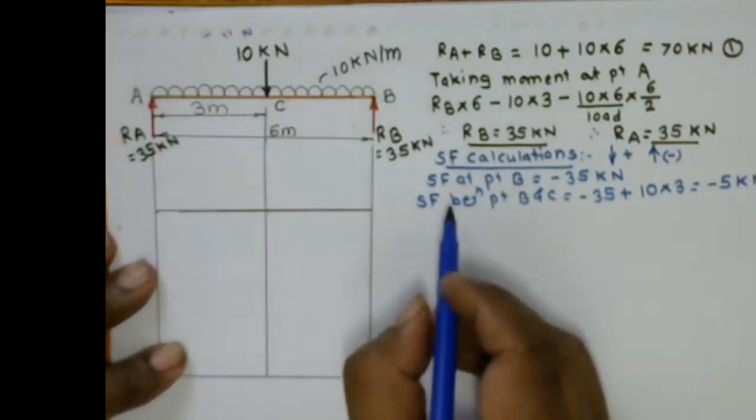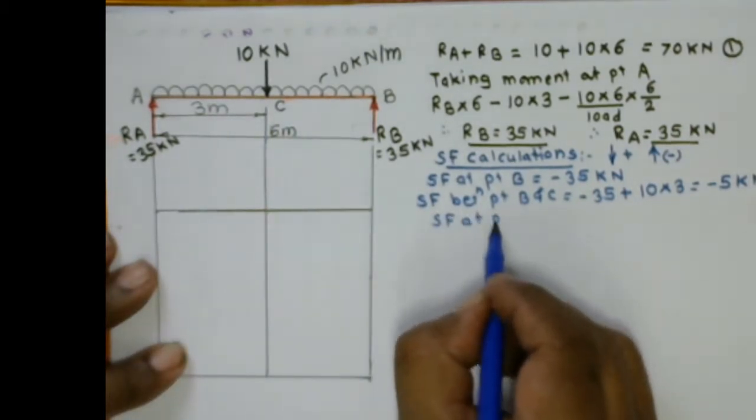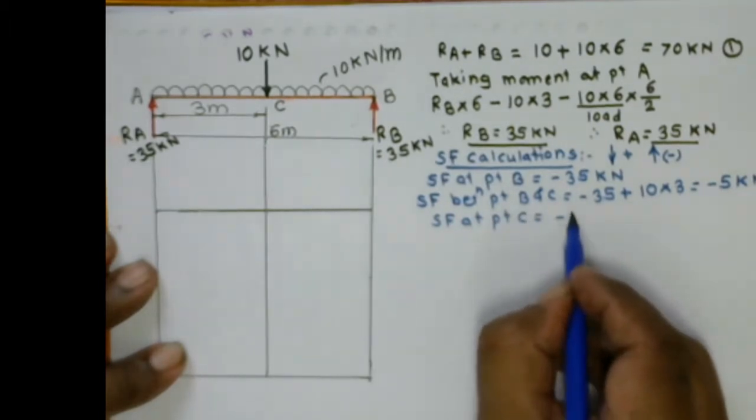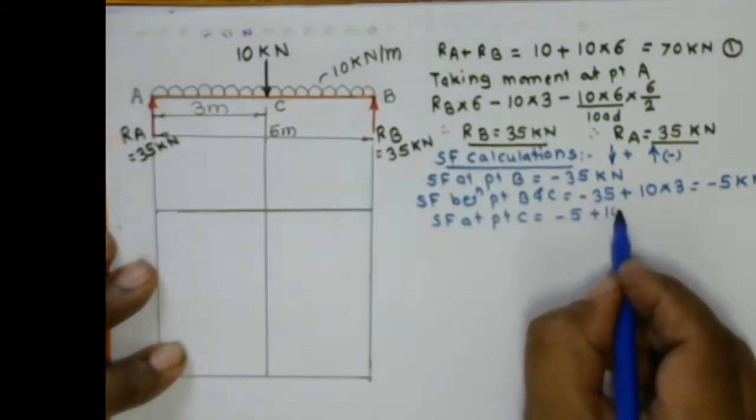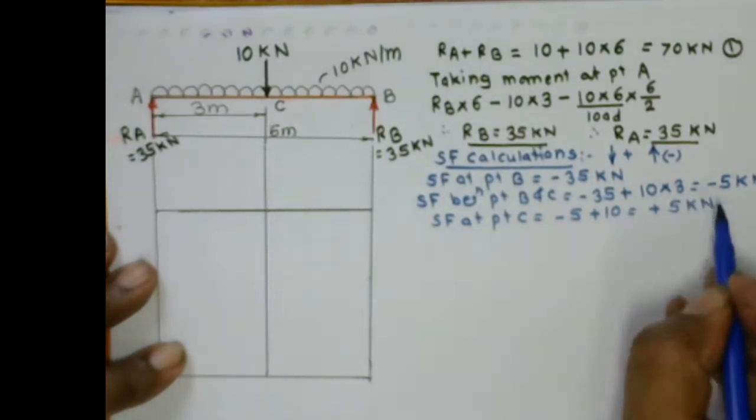At point C, again the point load is acting, so shear force at point C is equal to minus 5 plus 10, it becomes plus 5 kilonewton.